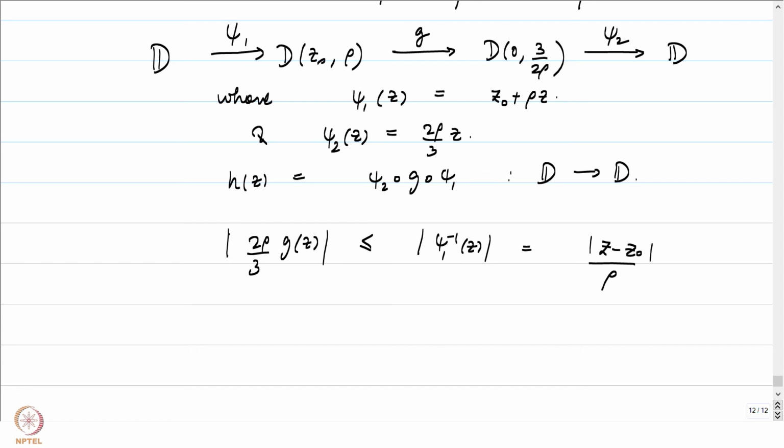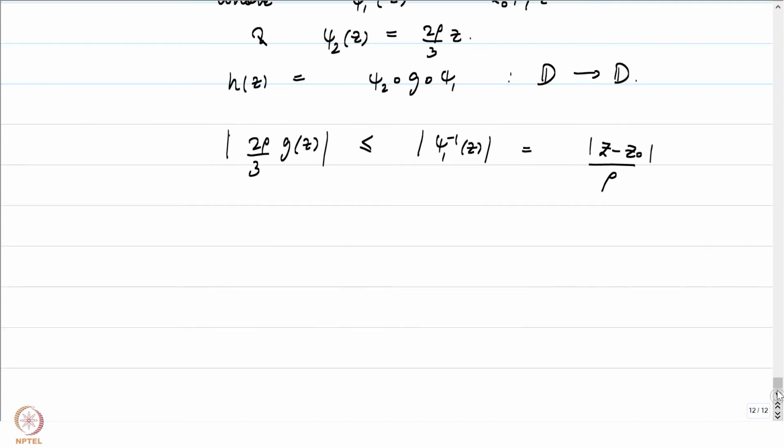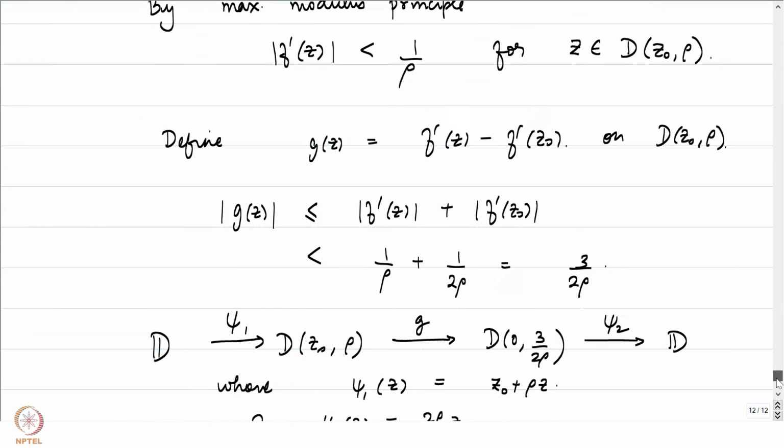This is precisely what we have, and therefore the absolute value of g of z is going to be less than or equal to 3 by 2 rho square times the absolute value of z minus z naught.